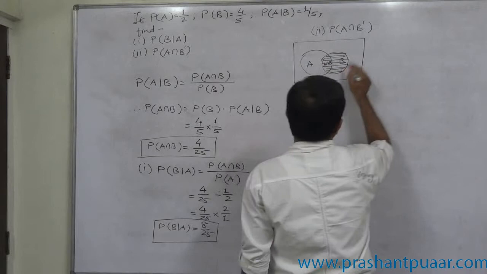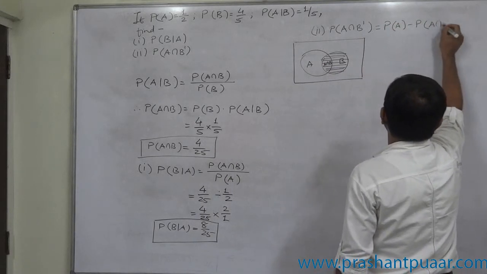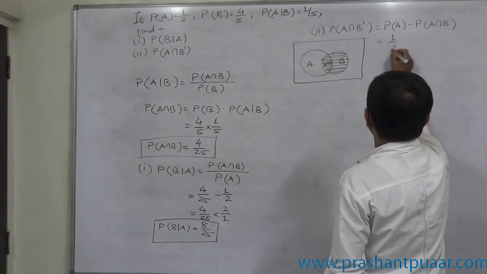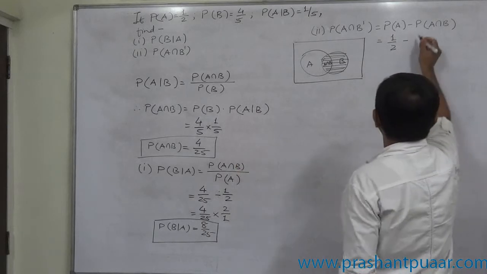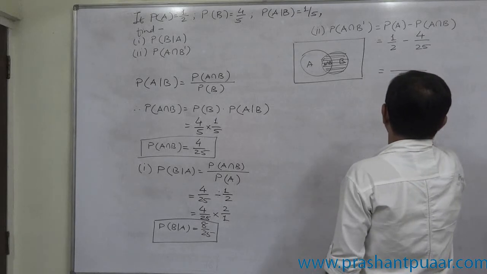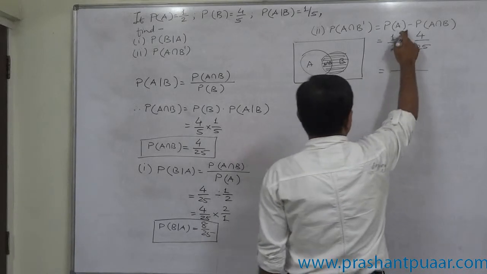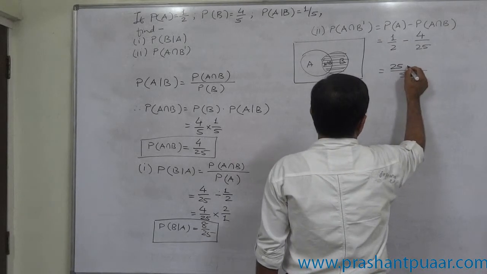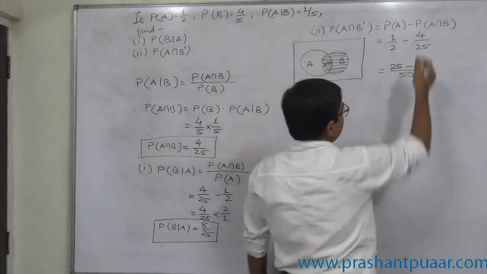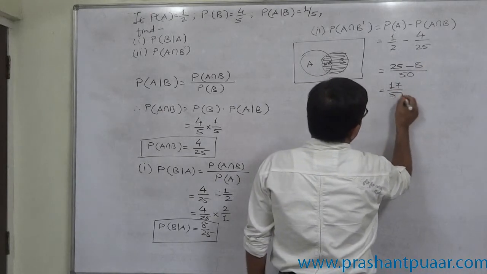So the formula would be P of A minus P of A intersection B. P of A is given to be 1 by 2 minus P of A intersection B, 4 by 25. Let us take 50 as LCM. 50 divided by 2 is 25, 25 into 1 is 25. Minus 50 divided by 25, that is 2, and 2 into 4 is 8. So the answer is 17 divided by 50.